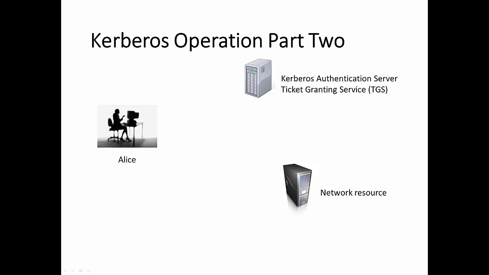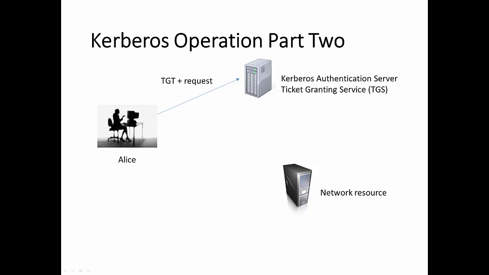But at this time, the sub-element of the Kerberos authentication server receiving Alice's ticket granting ticket is called the ticket granting service. So the ticket granting service is receiving Alice's ticket granting ticket, as you can see in this slide. She's sending back this ticket granting ticket with her request.